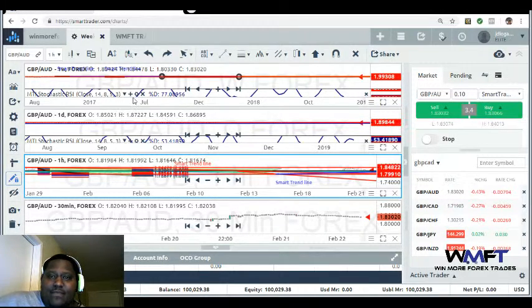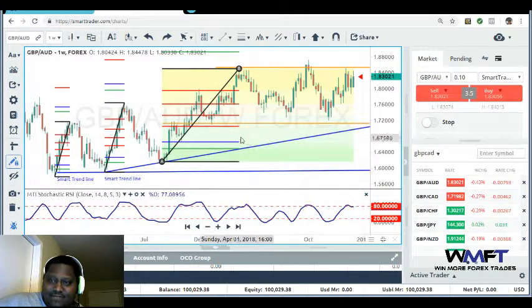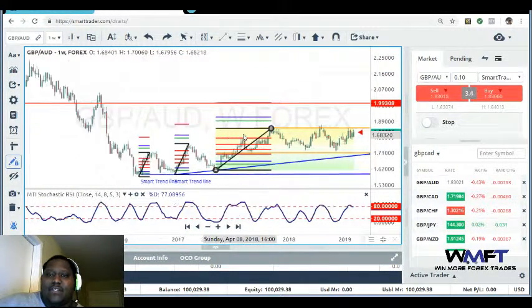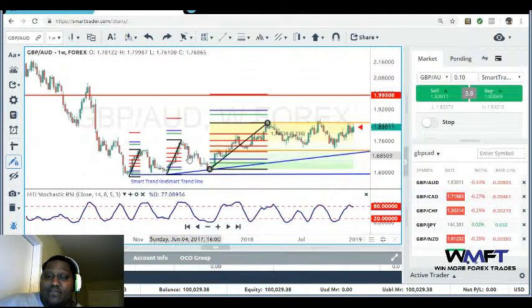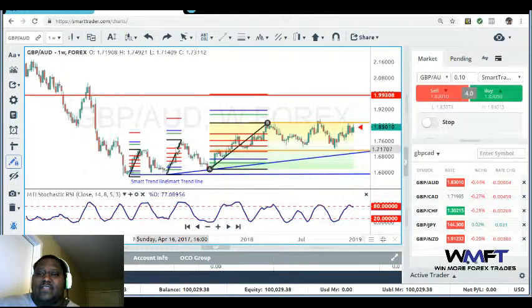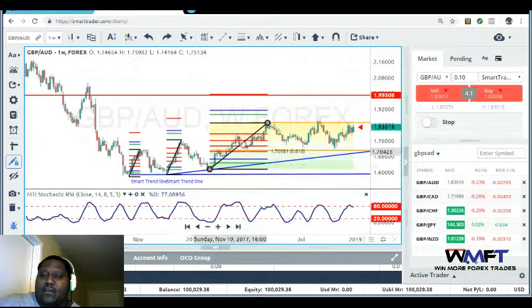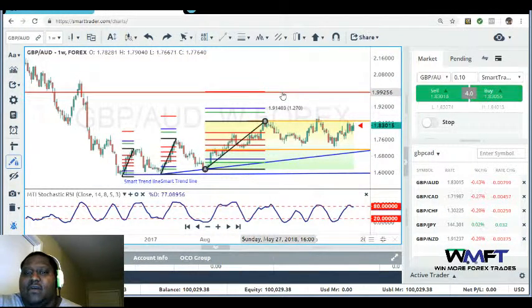Let's go look at the Great British Pound AUD. This is the weekly time frame. We do have an uptrend. We have two Fibonacci's that have fulfilled, and we are currently on a third Fibonacci, and there is your Fibonacci 1618D extension.